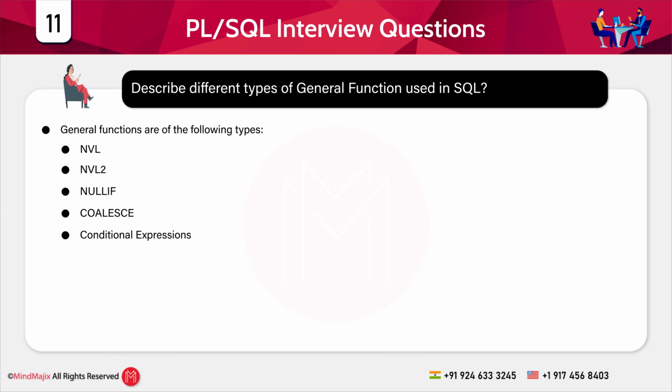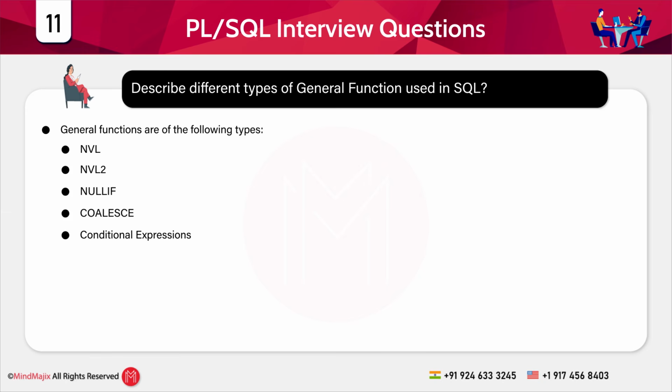You write NVL, and in round brackets you specify expression1 and expression2. If expression1 is null, then the NVL function returns the value of expression2. Similarly, you have NVL2. In NVL2, if expression1 is not null, it returns expression2, and if expression1 is null, NVL2 returns expression3.